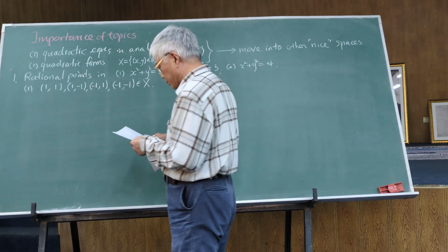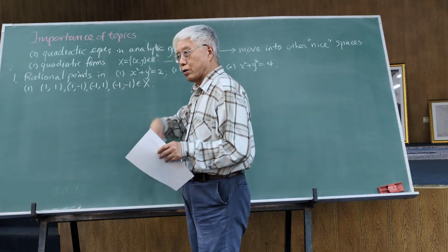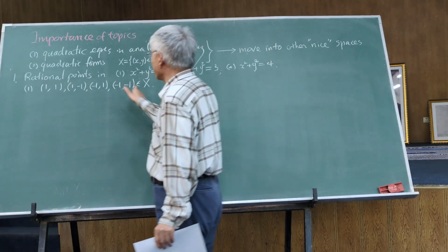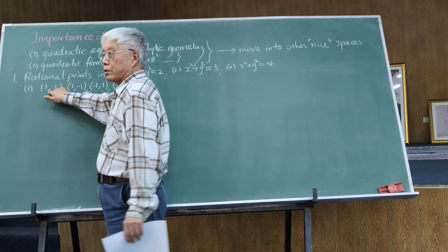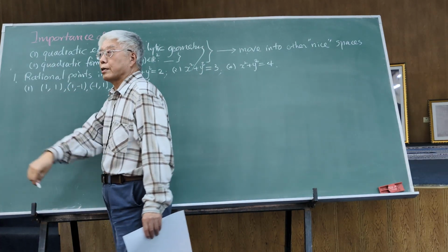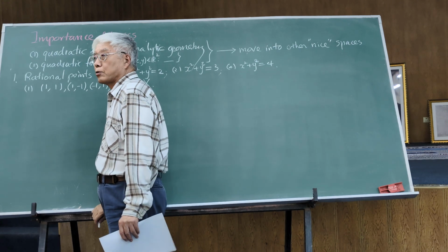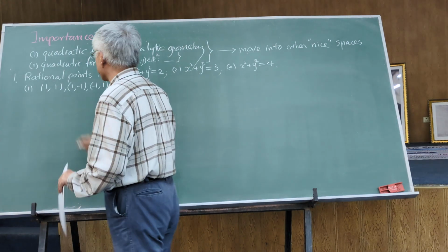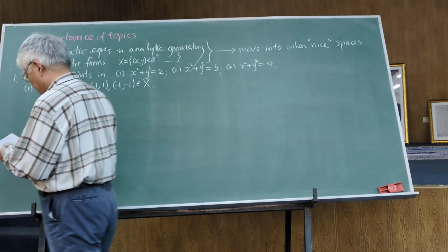And then this gives us an idea. Of course, I should draw a picture, but I don't think you need it. Let us choose any one of these points and make a straight line through it which has a rational slope. So let us choose that one.